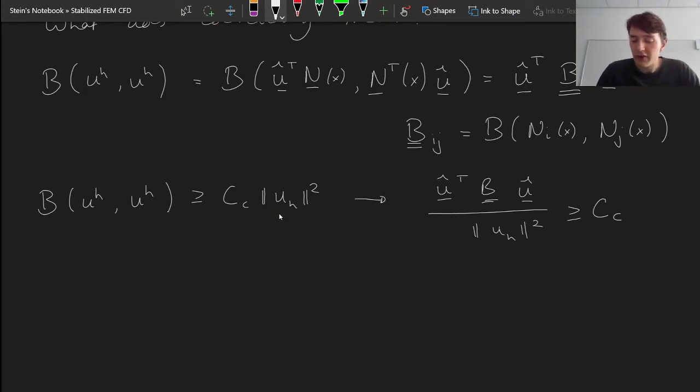Now, this is a slight abuse of notation, but in finite dimensional function spaces, I'm actually allowed to manipulate this in a sense that makes this equivalent. But this is something that you might recognize. This is the Rayleigh quotient, or some definition thereof. And this is actually a property of the matrix B. This is the property that the matrix B is positive definite.